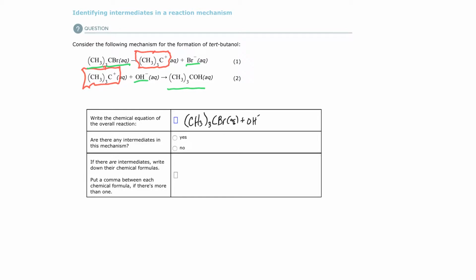It's on the left, so it's going to be one of the reactants. If you think of the whole reaction as one reaction, it's going to be one of the reactants. Then you're going to have everything that's on the right: (CH3)3COH, aqueous, plus Br minus, aqueous.